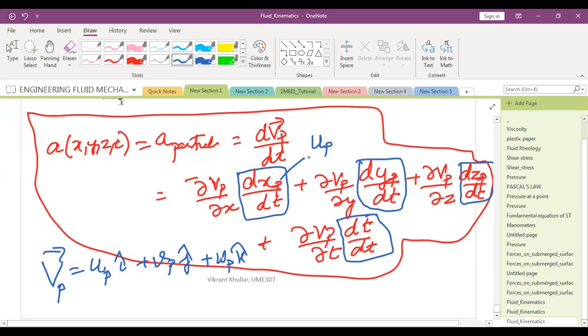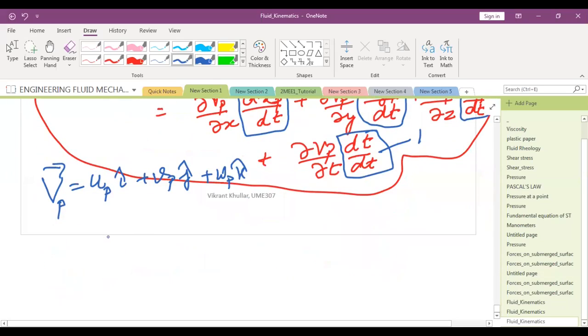So this is U particle, and this is V particle, and this is W particle. And what is this equal to? 1. So what do I get? I get A particle equal to A(x, y, z, t).